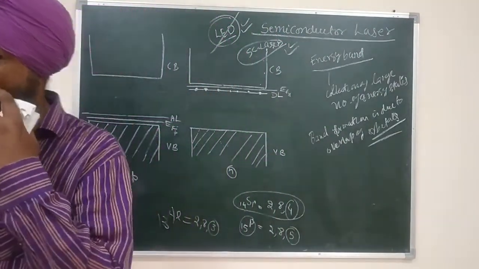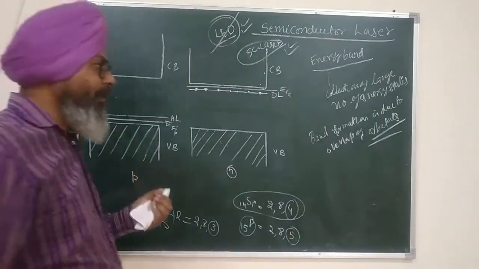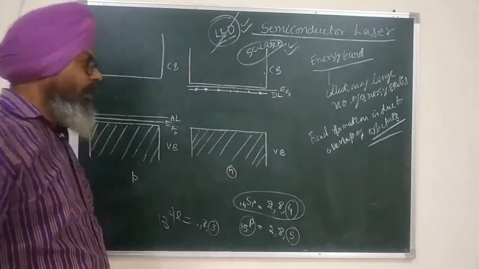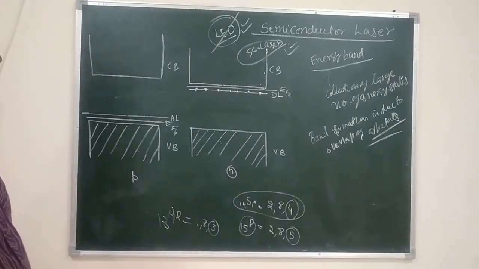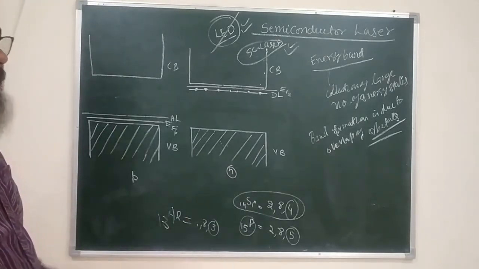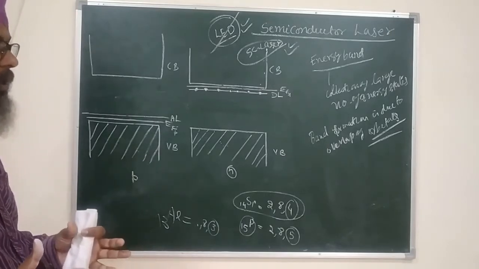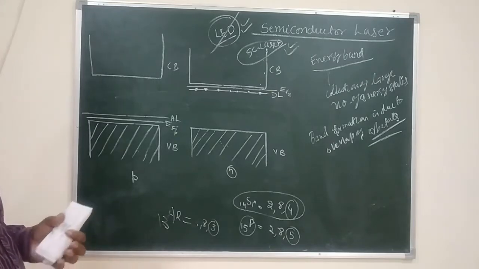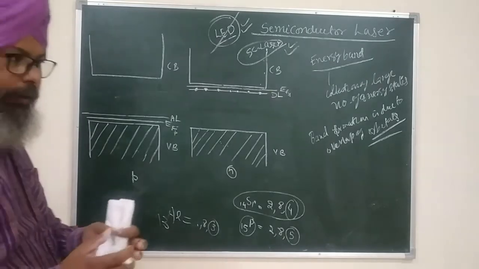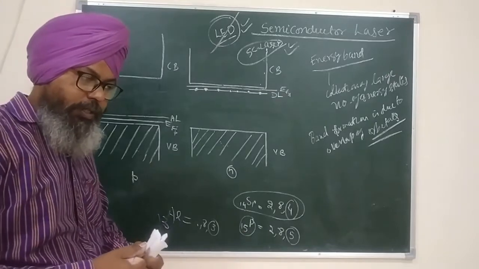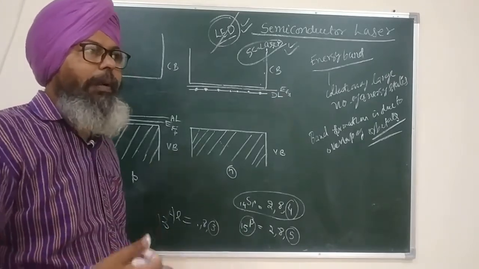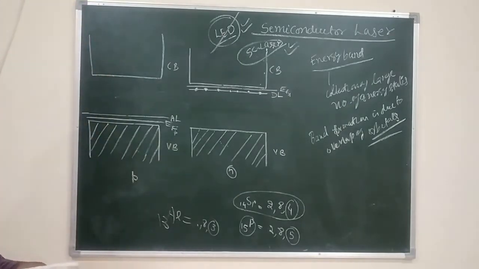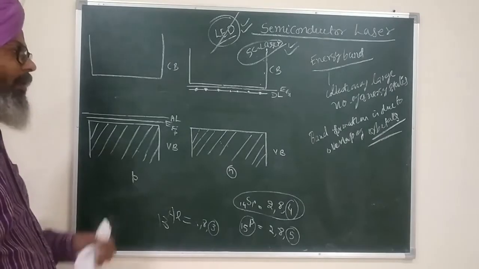If we remember this, you will easily be able to convince yourselves that band formation requires the atoms to come very close to each other. As a result, their orbitals will be capable of overlapping. If a large number of atoms are placed away from each other, you will not get band formation. So kindly remember, bands are available only in solids, because in solids the atoms are tightly packed.